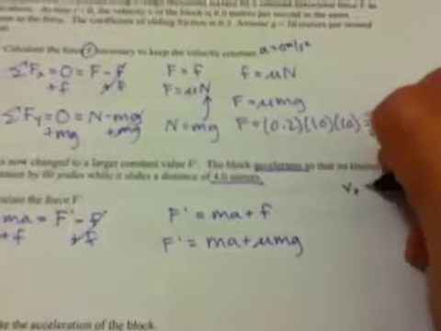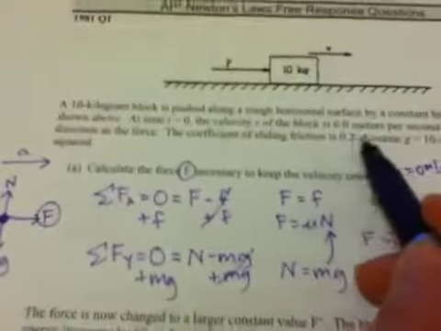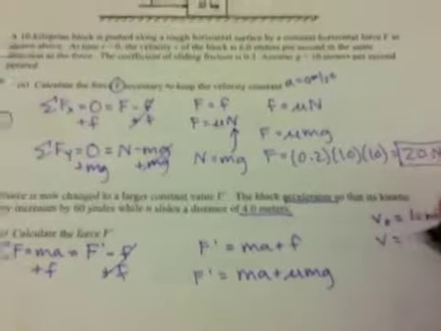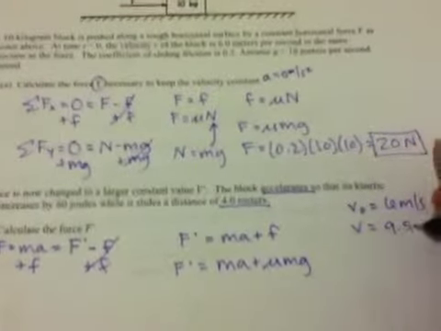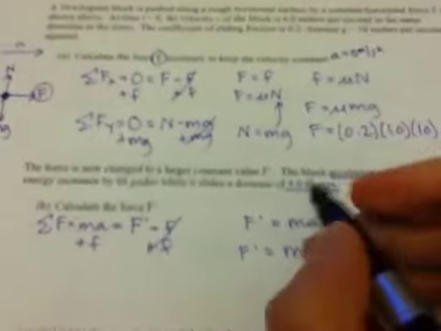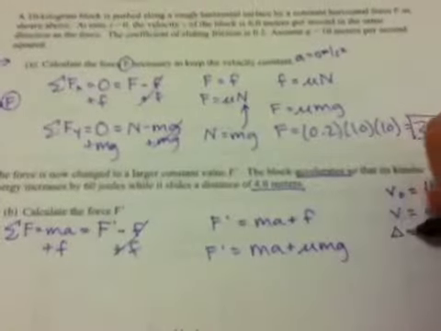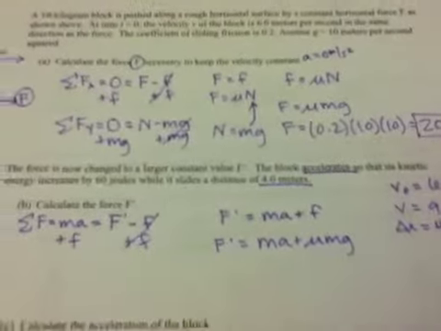Our initial velocity up here is 6 meters per second. Our new velocity that I gave you is 9.5 meters per second. And our change in x is 4 meters. The equation that incorporates all three of these and doesn't have time is v squared equals v naught squared plus 2a change in x.